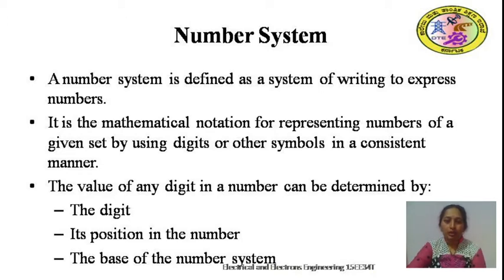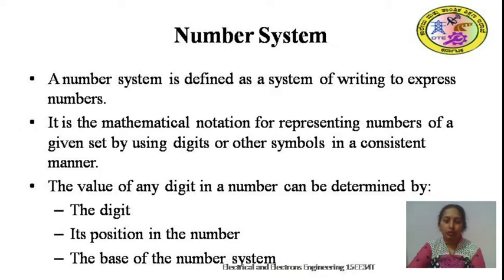For example, we use the decimal number system in day-to-day life, wherein we use digits 0 to 9 to represent numbers, which are the unique symbols or digits in the decimal system. In any number, the value of any digit can be determined by the digit itself.